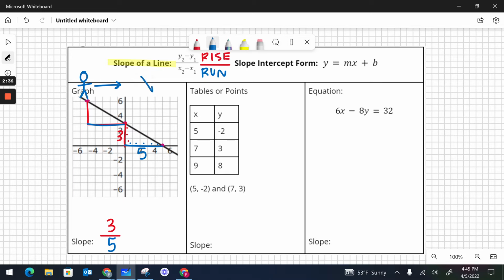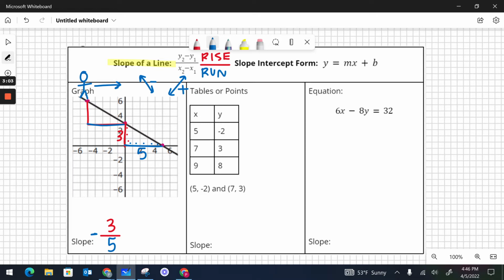So downhill is a negative slope. Uphill is a positive slope. In this case, that person is walking downhill, so this is a negative slope. So make sure that for our slope, we mark it as negative. And so negative 3/5, or negative 3 over 5, is the slope of this line.